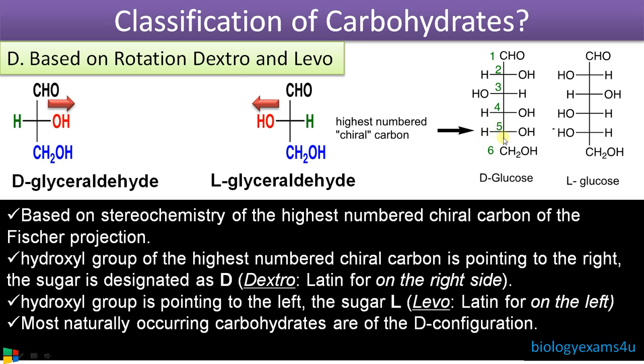Here this OH group is oriented towards the right side, that is why this is called D-glucose. In the case of L-glucose, the OH group on the highest numbered chiral carbon is oriented towards the left side, that is why it is called L-glucose. Normally, naturally occurring carbohydrates are of D configuration, where the OH group is oriented towards the right side.